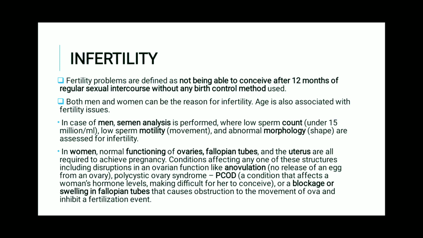It can also be considered as PCOS, or it is also termed PCOD, that is polycystic ovarian disease, which is a condition that will affect women's hormonal level, making it difficult for her to conceive. And the third problem is if there is a blockage or any kind of swelling in the fallopian tube that can cause obstruction to the movement of ova, and that will inhibit the fertilization event.